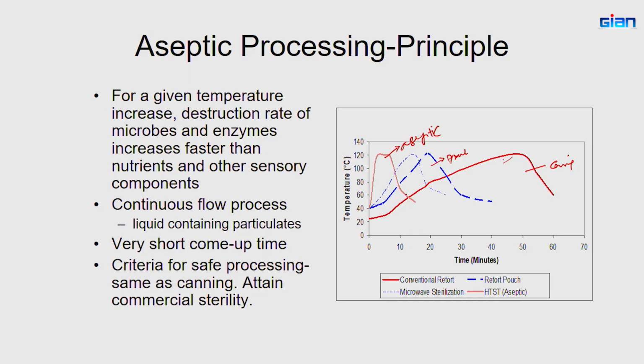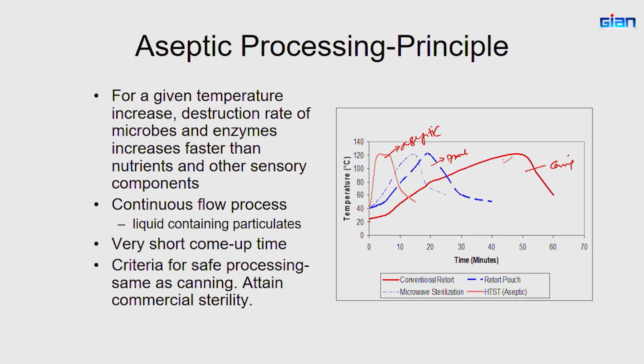If you look at here, you may be reaching 120 Celsius, whereas that temperature can be accomplished much more quickly with this, and then you hold it, and then you cool it down. So, this has a very short come-up time. That's how you are able to achieve much better quality of the product.